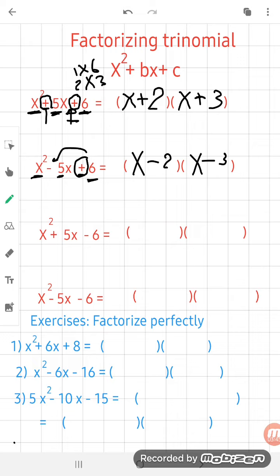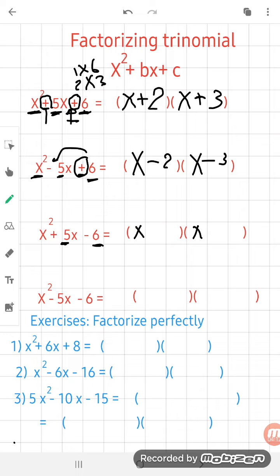The third example, x power 2 plus 5x minus 6. Okay, x power 2 is x by x, and 6. Search for two numbers, their product is 6 and their difference is 5. Why did I say difference?